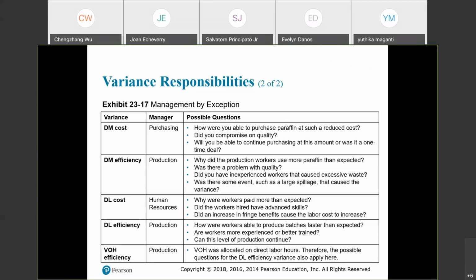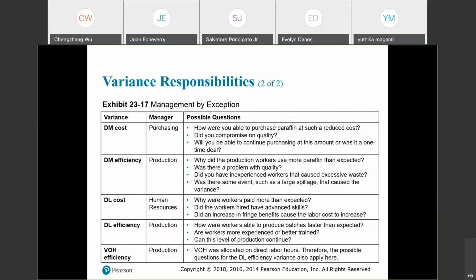Or will you be able to continue purchasing at this time? Or was it a one-time deal? Etc. These are the possible questions that you need to investigate to figure out the possible causes of your quote-unquote significant changes in production cost.